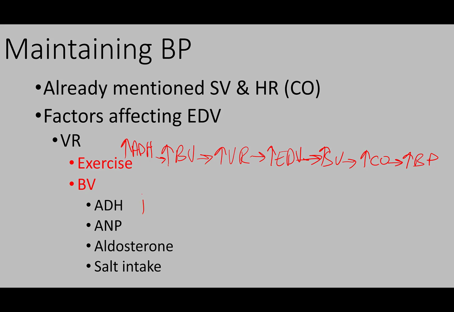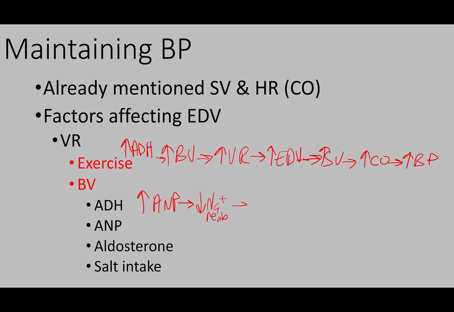ANP, so let's look at what happens if there's an increase in ANP. Well, if there's an increase in ANP, atrial natriuretic peptide, remember we learned that it actually blocks water reabsorption. Technically what it does is it blocks sodium reabsorption. It blocks the effects of aldosterone. But if we lower sodium reabsorption, I'm going to go ahead and write that here.